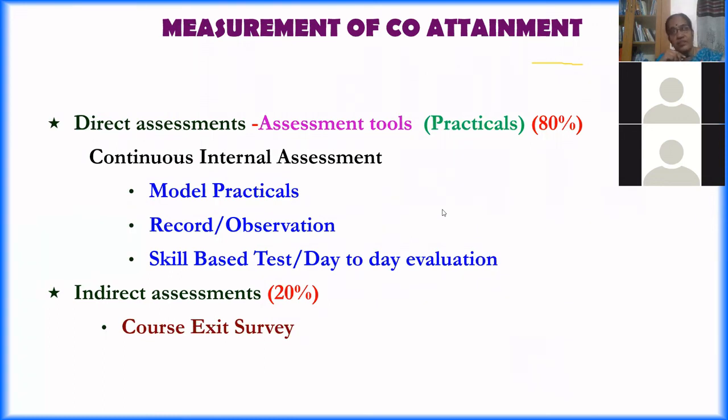One particular student will get a practical question based on one CO, and another will get one based on another CO. They cannot be tested that way, but all COs can be tested using our continuous internal assessment in terms of model practicals, observation, and skill-based or day-to-day evaluation. So for practicals, we use only the continuous internal assessment. And there also you can use the indirect assessment at 20% using course exit survey feedback.